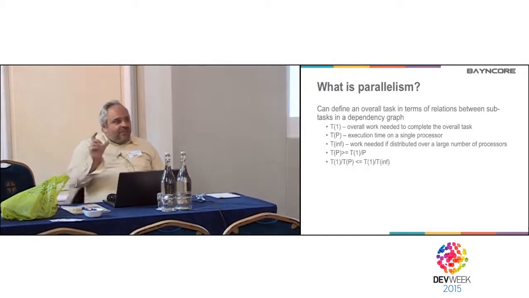And if those connections are directional, so a connection from A to B is not the same as the connection from B to A, yeah? If there's directionality in those edges, then what you have is a dependency graph, a directed dependency graph.